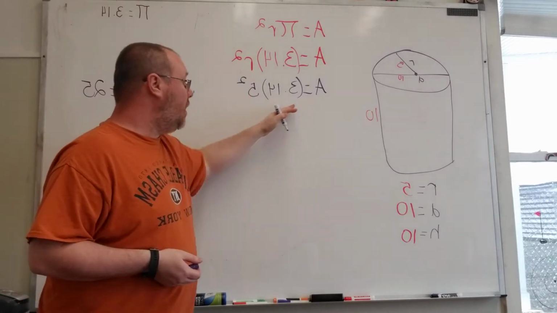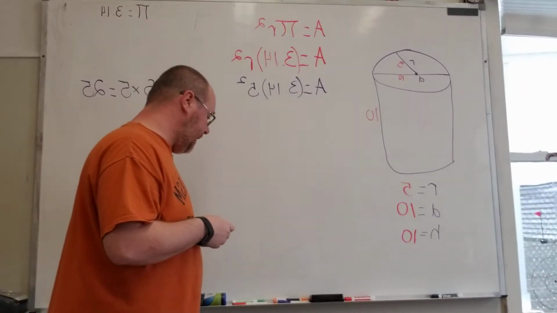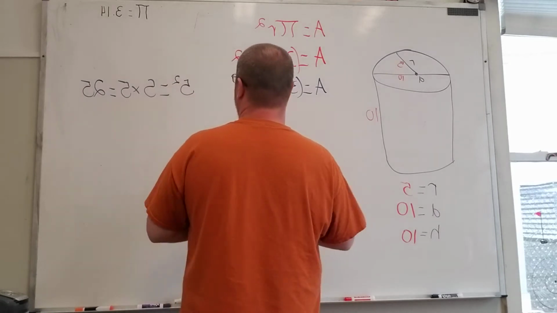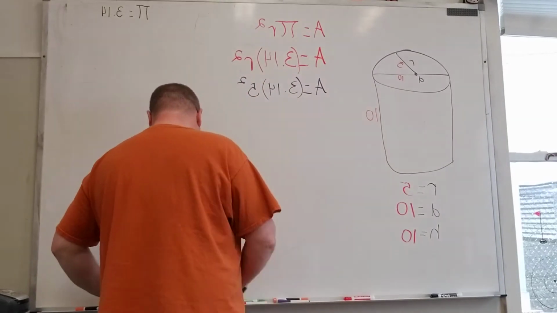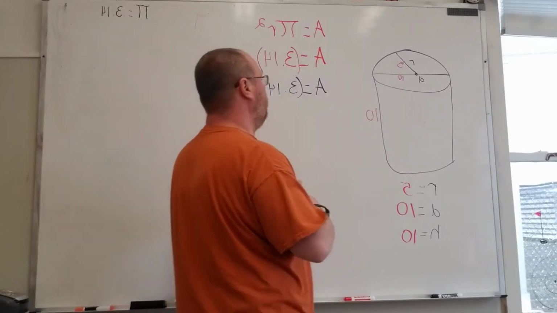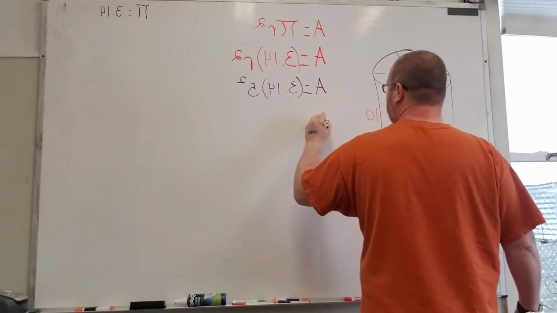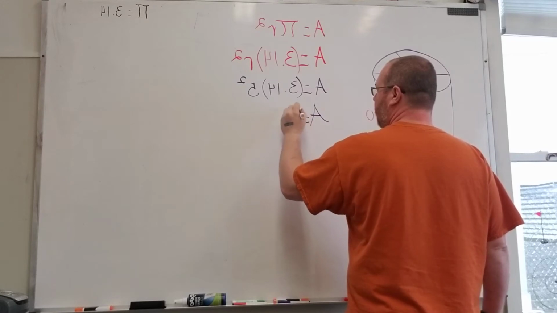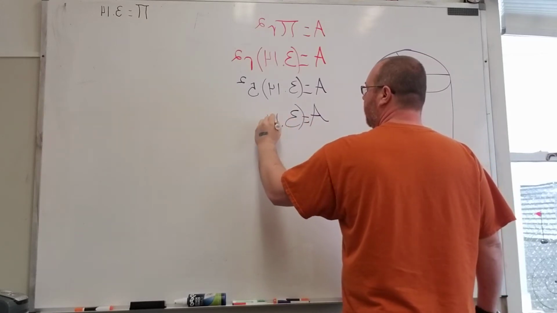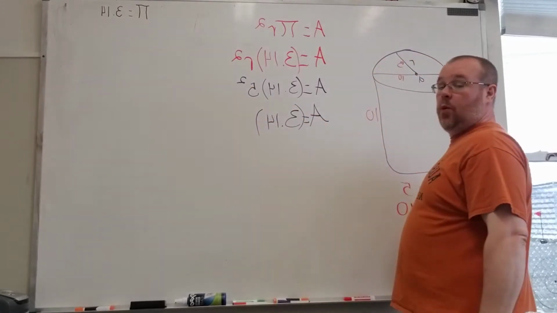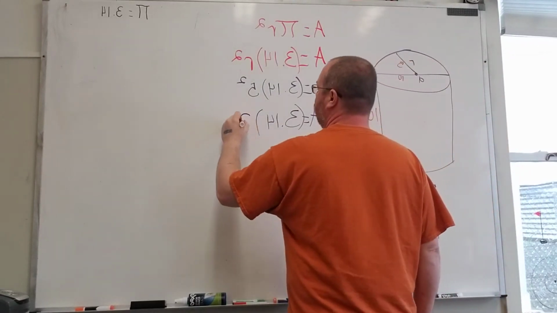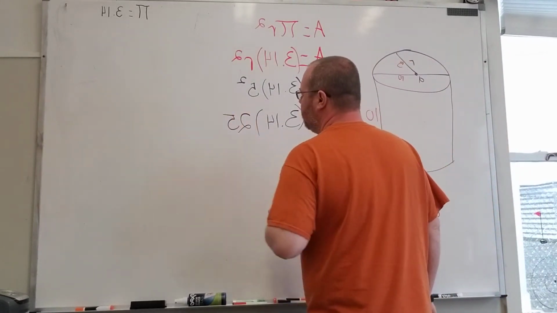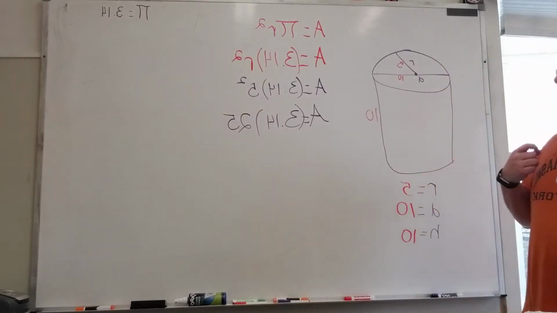So now on our next line, we can plug in that 25. We still don't know our area. Do we know our 3.14? Yep. Have we solved our radius squared? Yep. All right, so what is our last step?